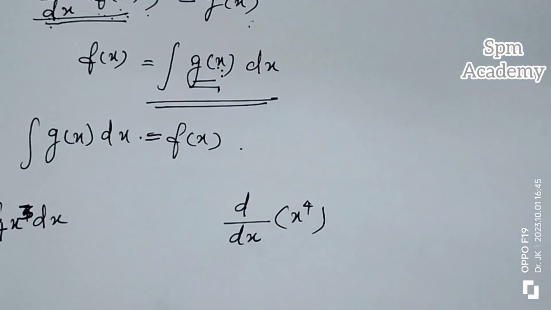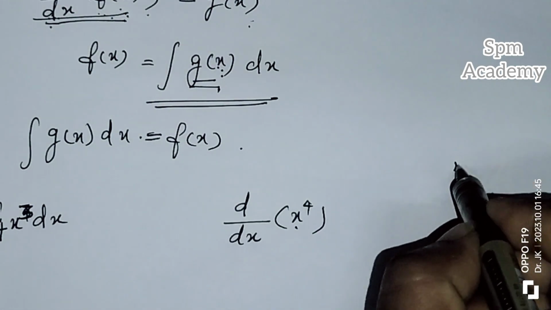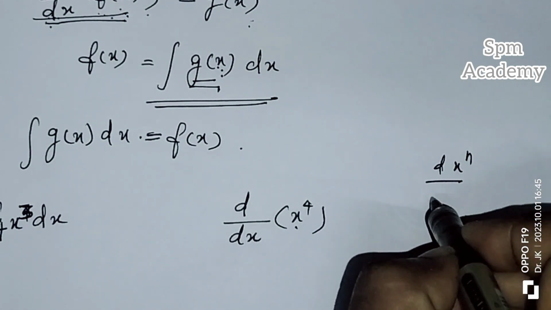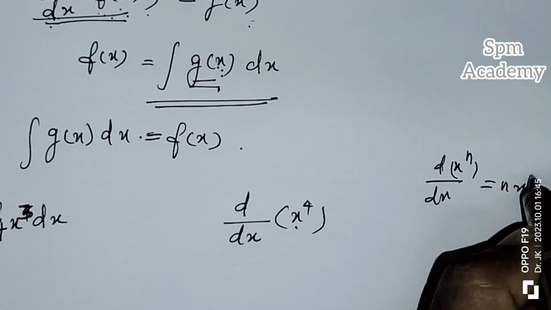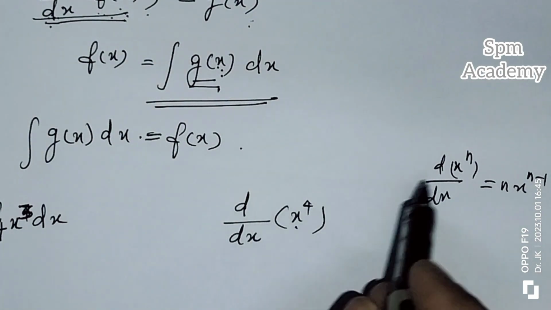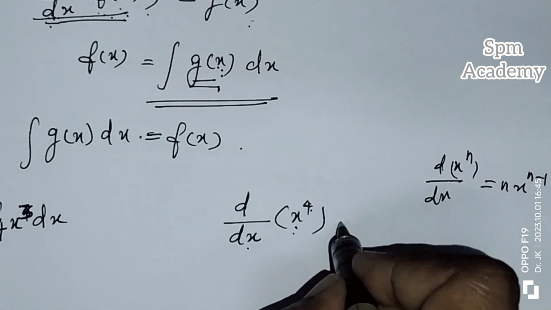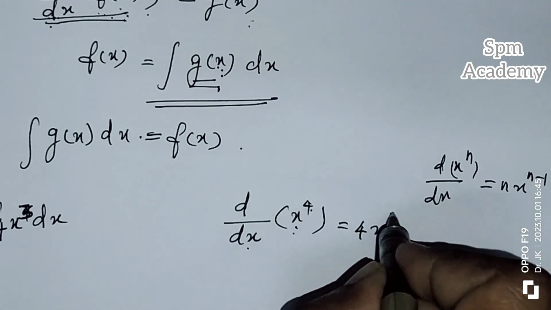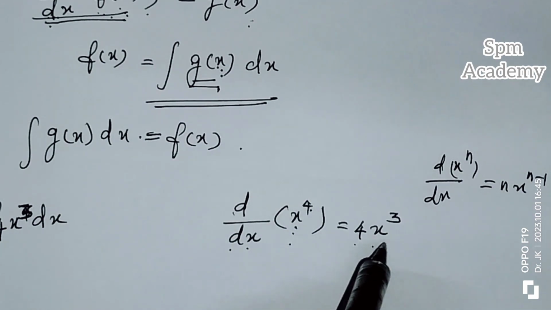This is of the form x power n. D by dx of x power n is equal to n into x power n minus 1. This is the basic formula we have seen. So d by dx of x power 4 is equal to 4 into x cube.